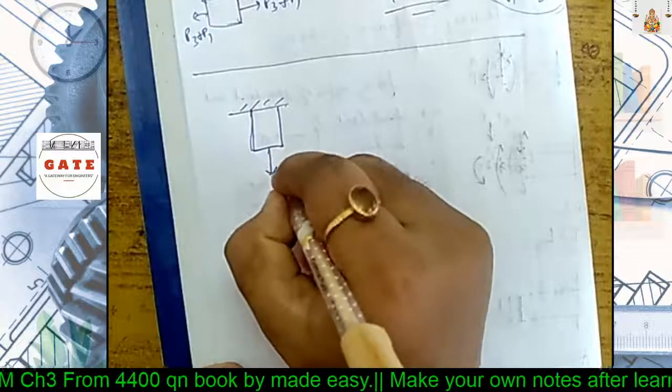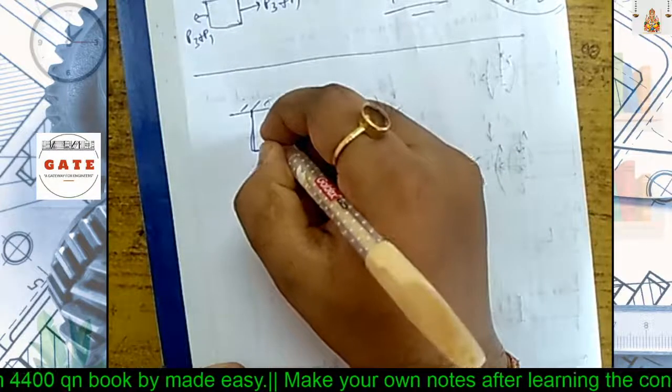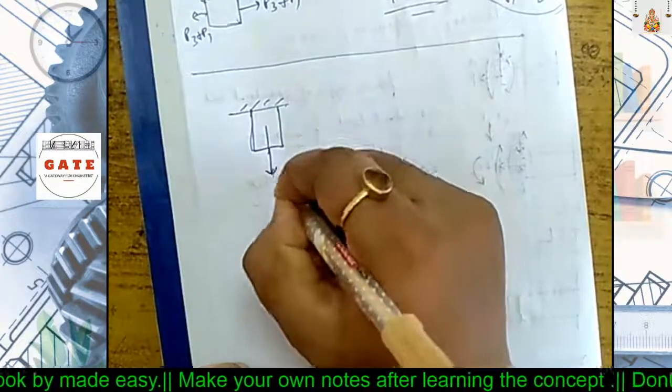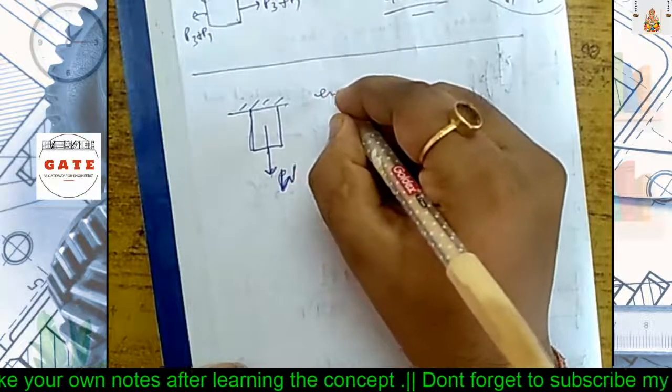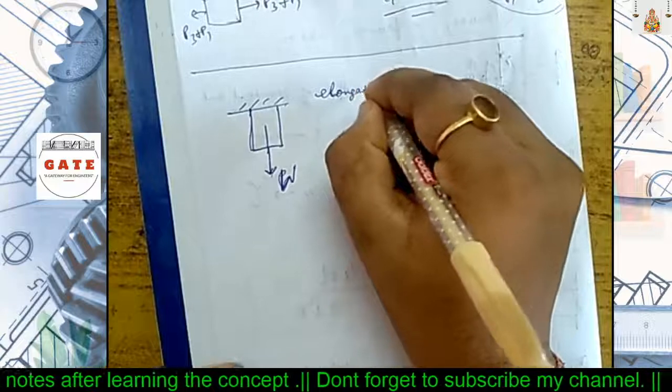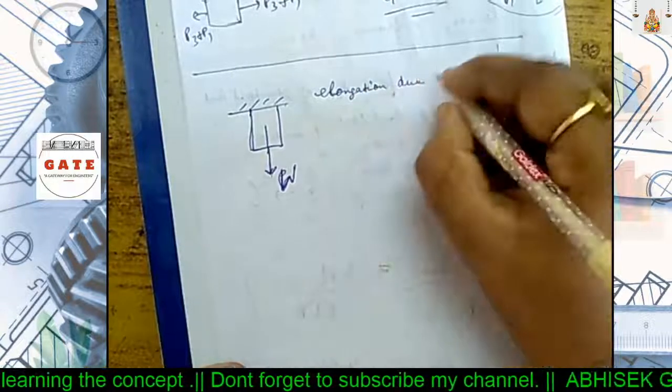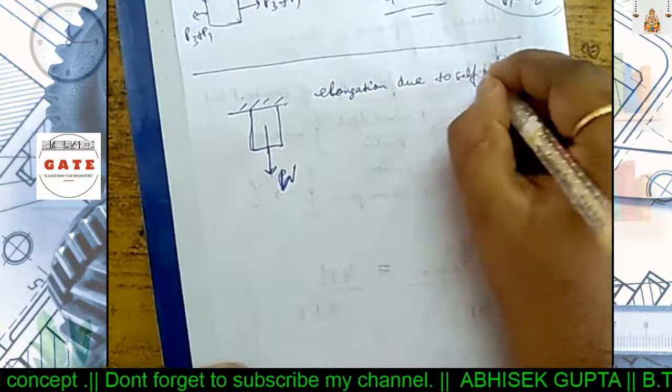See, load P, the self weight is W. Elongation due to self weight.